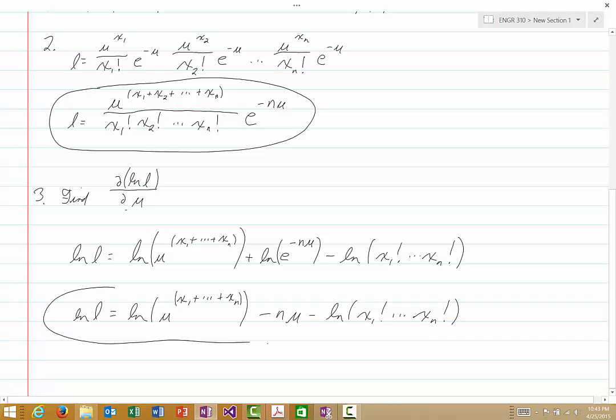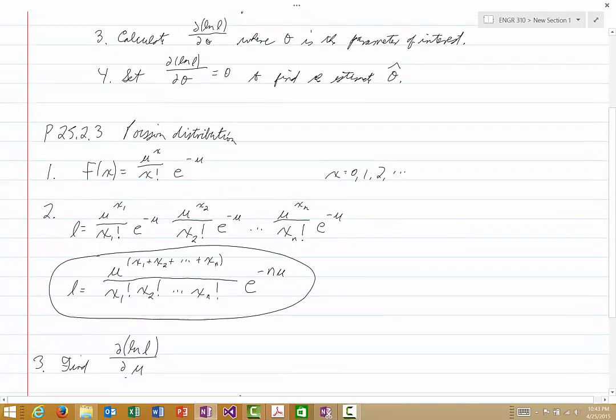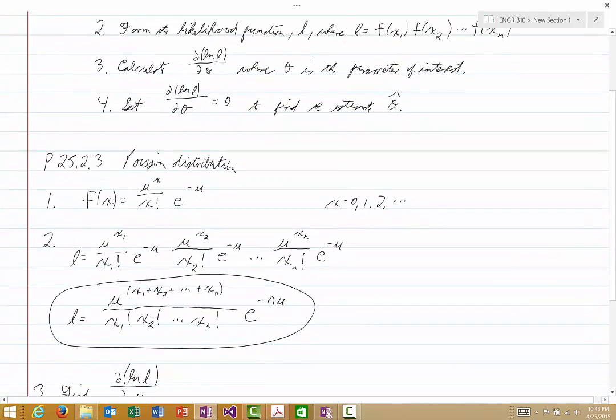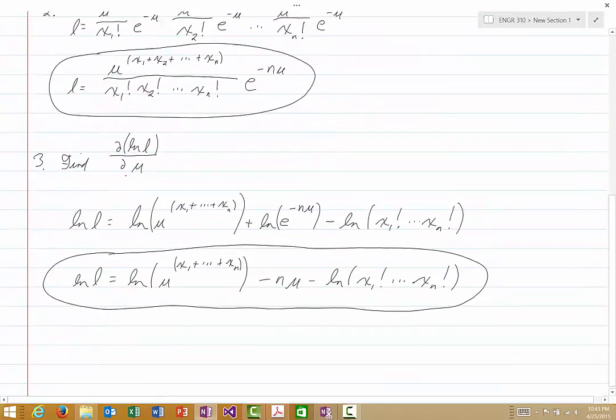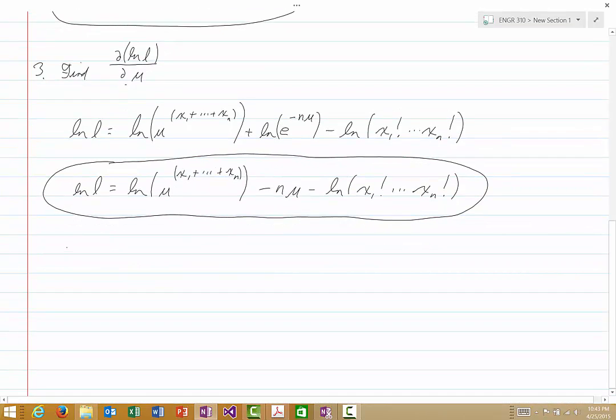So this is the expression for the natural log of L, but remember now in step 3 we want to calculate the derivative of that with respect to the parameter of interest, and the parameter of interest here is mu. So we want to calculate partial log L partial mu. Okay, so when we differentiate this expression on the right-hand side with respect to mu, let's see what we get.